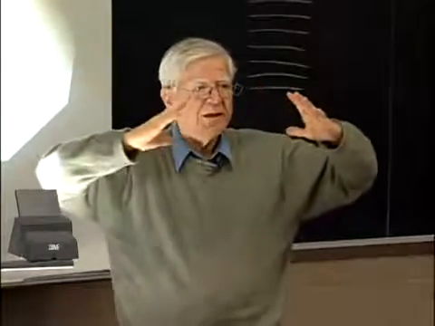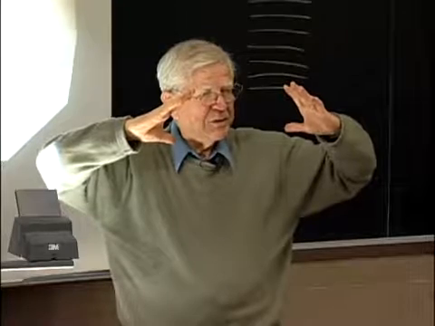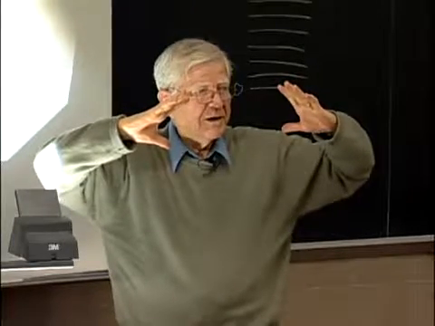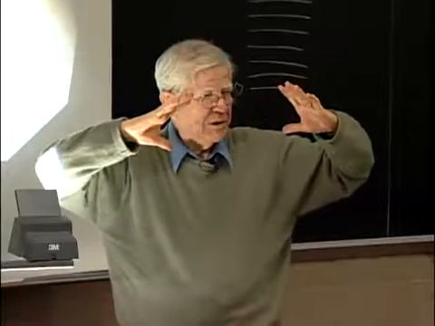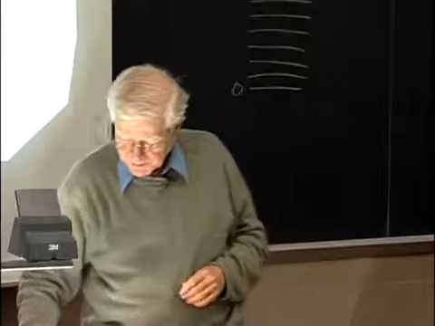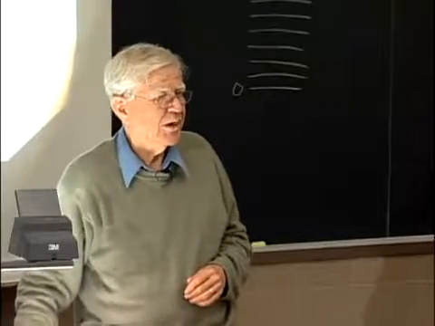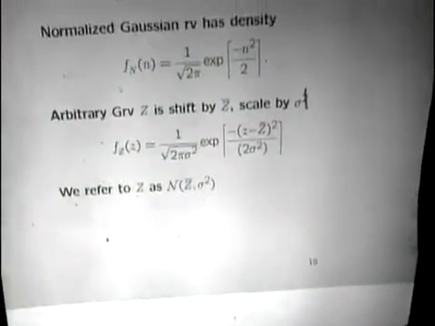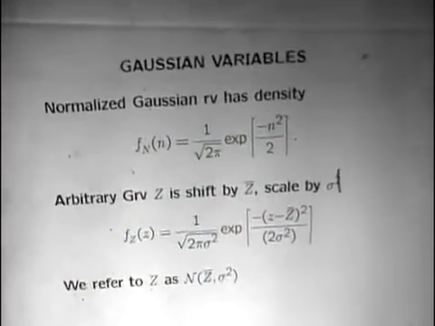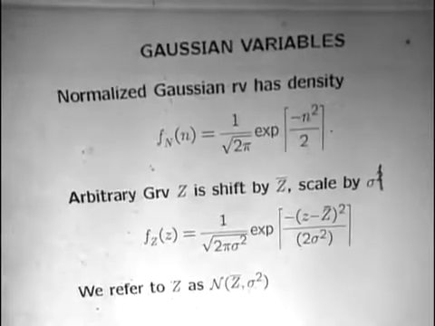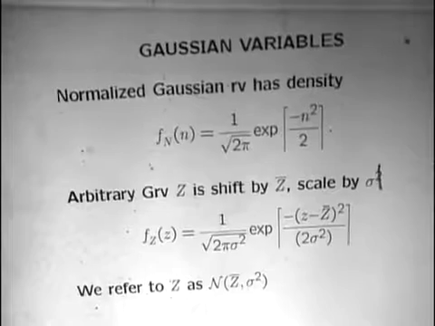If you scale it this way to make sigma squared larger, the variance larger, this thing still has to integrate to 1. So you have to pop it down a little bit also, which is why this sigma squared appears here in the denominator. So anytime we scale a random variable, it's got to be scaled this way, and it's also got to be scaled down.